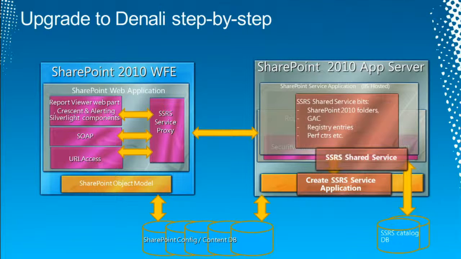And that service application essentially will have the same name as the report server instance. It'll be like ReportServer underscore, say, PowerPivot or instance 1. That'll be the name of your service application. And it upgrades your catalog to now be a Denali catalog, and behind the scenes creates the appropriate DBs to now constitute a service application catalog. Okay?